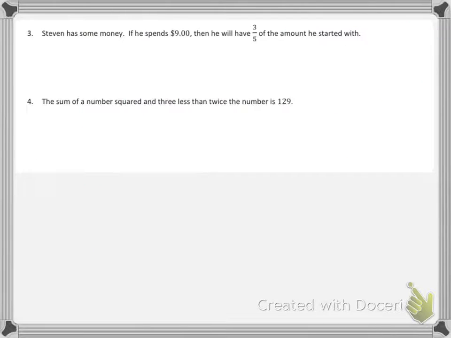All right. Exercise 3. Stephen has some money. How much money? I don't know. So I'm going to define my variable. I'm going to call that M equals Steve's money. Okay, so now we have our variable defined. If he spends $9, that means I'm going to start with Steve's money and take away 9.